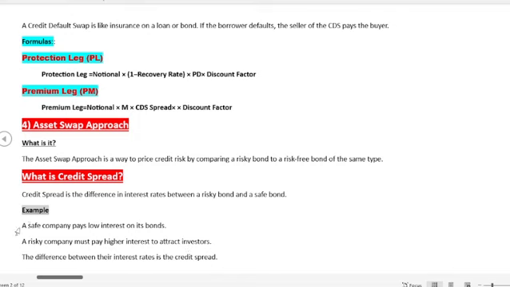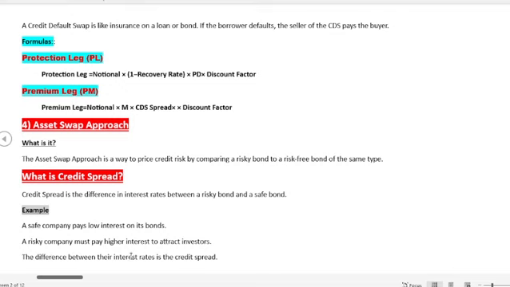Why? Because there's a chance that the risky company might default or something like that.